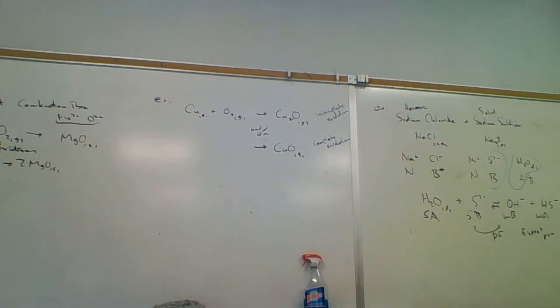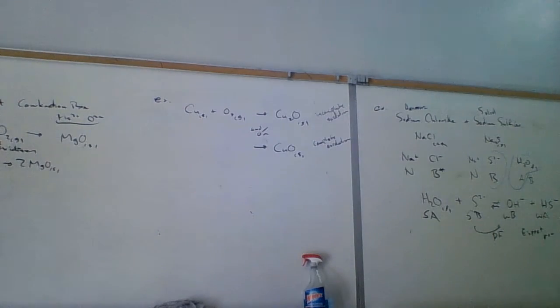And so what I'm going to show is what copper 1 oxide looks like. This is copper 1 oxide. See the color? It's kind of a red color to it.